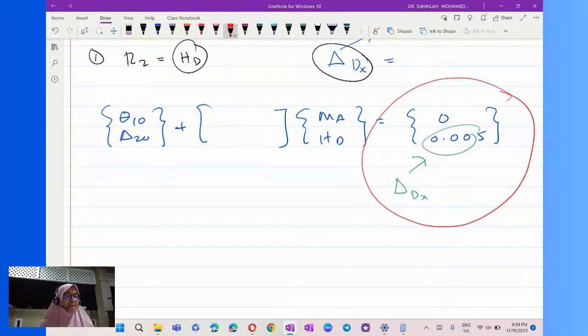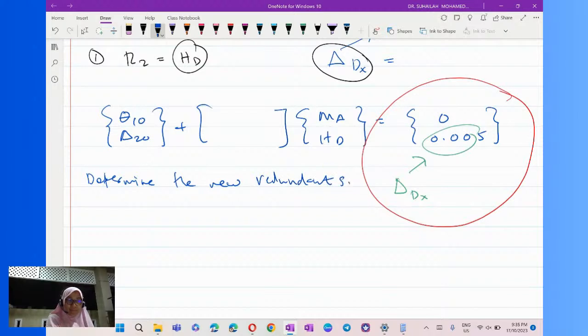And from that, we have to determine the new redundant, as well as the remaining reaction.